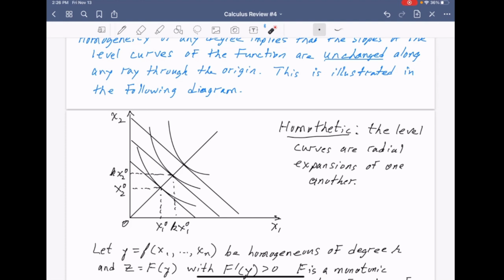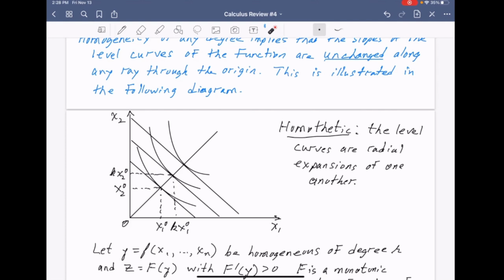So what that implies is that if you have x1 naught and you increase it to kx1 naught, then your other input goes from x2 naught to kx2 naught, and you've basically increased x2 and x1 by k, and you keep the same slope, although you jump to a higher isoquant.